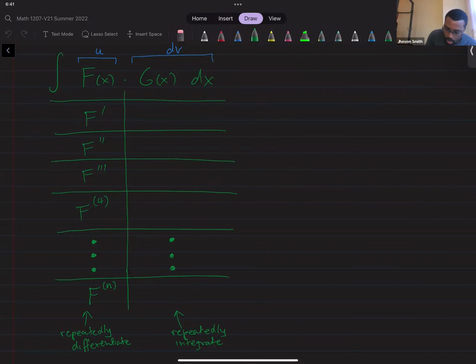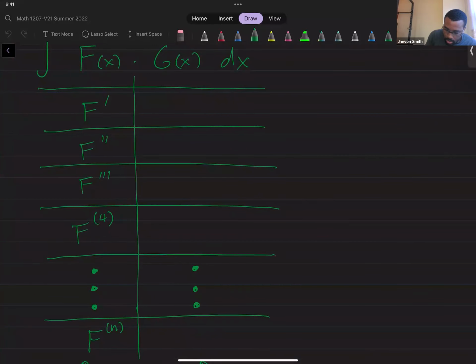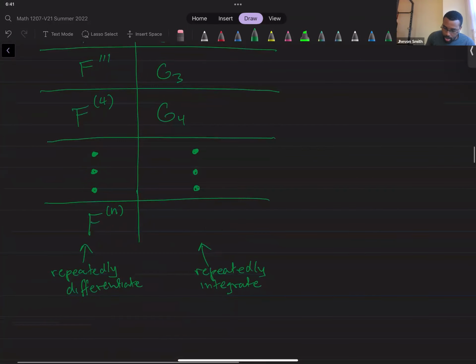For this one, let's use g1 for the first integral, then g2 for the second, then g3, g4, all the way down to gn, where gi is the ith integral.